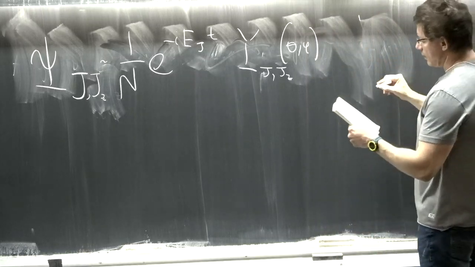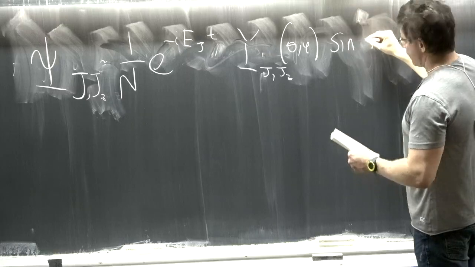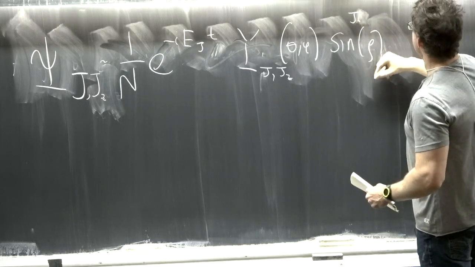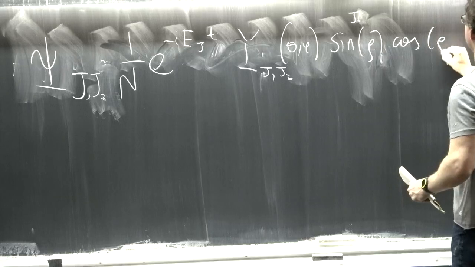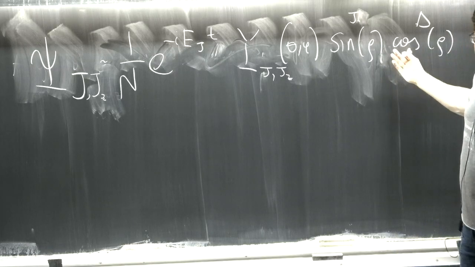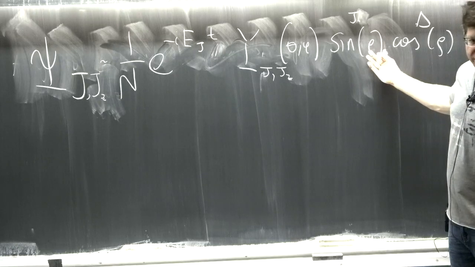And then finally, you see the fact that this particle is now spinning because you have a sine of rho to the power j and a cosine of rho to the power delta. So now the wave function doesn't decay that quickly, right? Because the sine function has big support near the boundary.